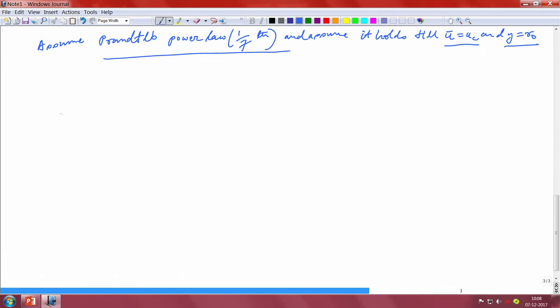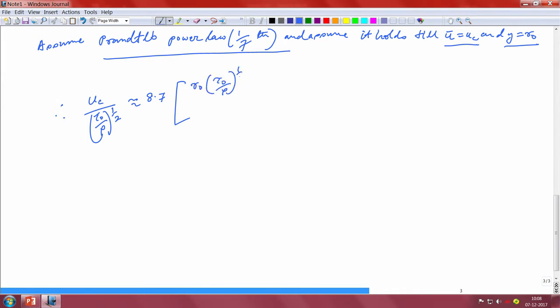Then what are you going to get? Your profile will be, uc being the center line velocity, tau naught divided by rho raised to the power of half. This is the profile.